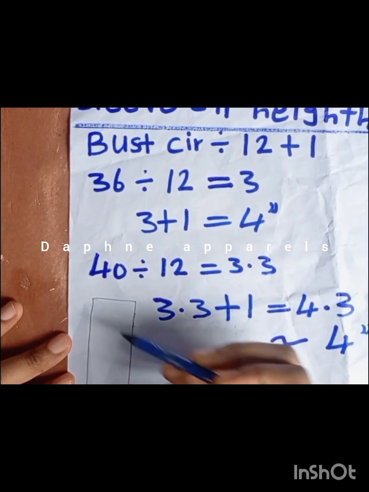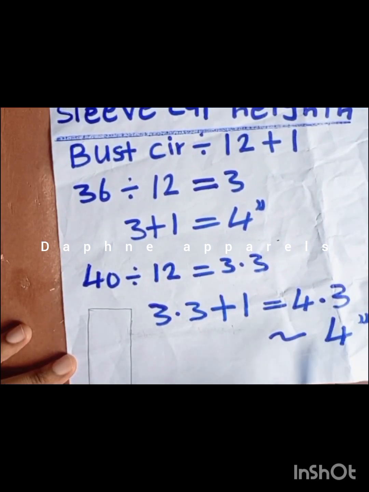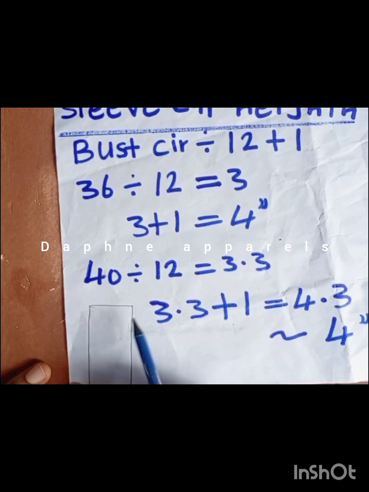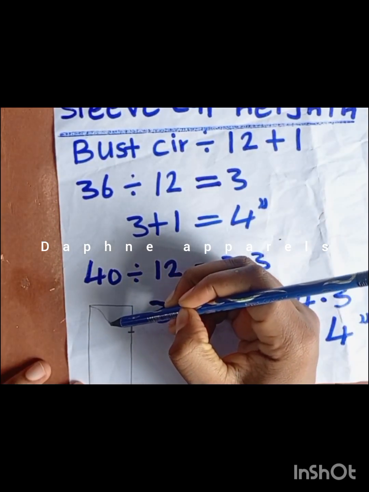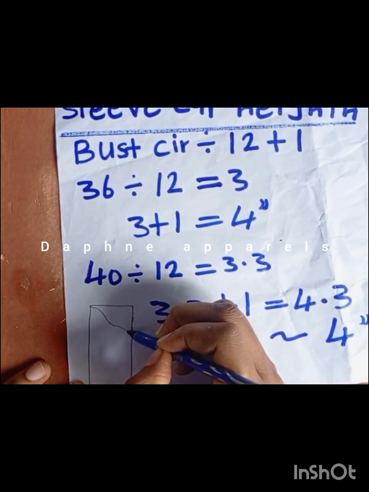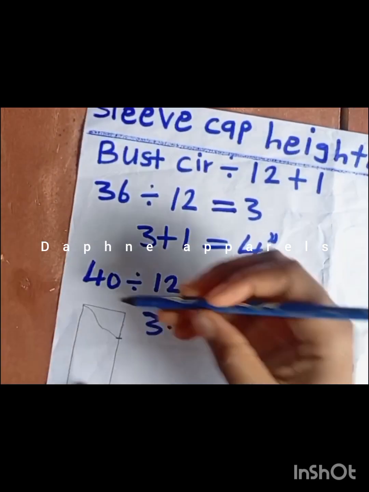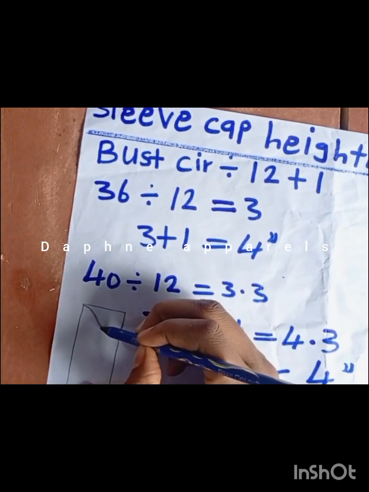Let's do a quick illustration here. Let's take it that this is a pattern paper or your fabric unfolded for your sleeve. So at the top here, you step down and input the data for the sleeve cap height, which is 4 inches, and just do something like an inverted S, like what I'm doing here, to cut your sleeve.